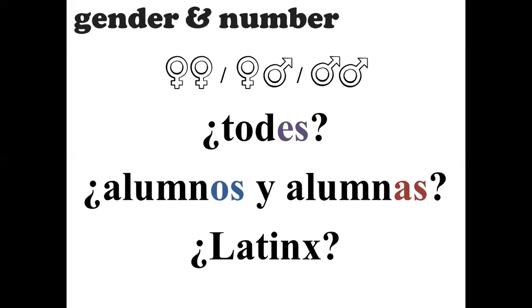There are a few ideas. Todes, to put the es on the end. Instead of saying todos or todas, you'd say todes. Alumnos y alumnas, to clarify when you're talking about groups that are mixed gender by using both, instead of just using alumnos as the gender neutral.